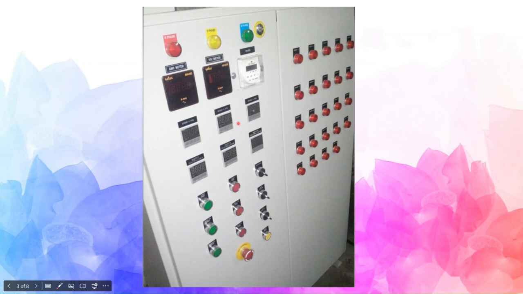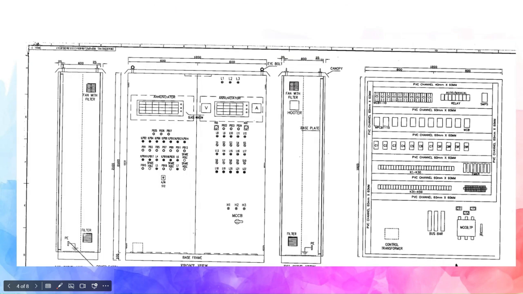Now let me show you one practical example that I have worked on. This is a control panel for a DE system. You can see there are multiple MCBs, and there are multiple contactors.